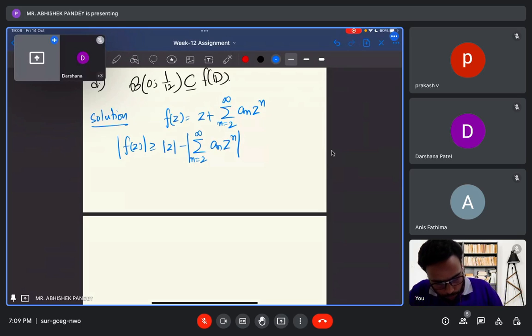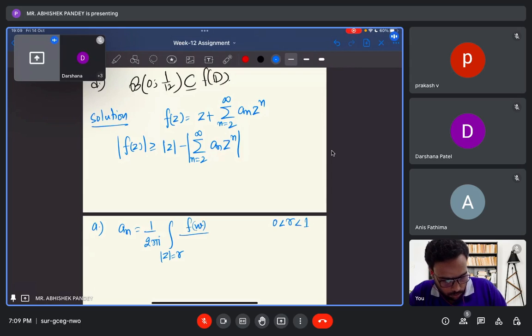So now for option A, we know that a_n we can write as 1 upon 2 pi i, integral over mod z equals r. You take any r between 0 and 1. f(w) upon w to the power n plus 1 dw. So this is the a_n.